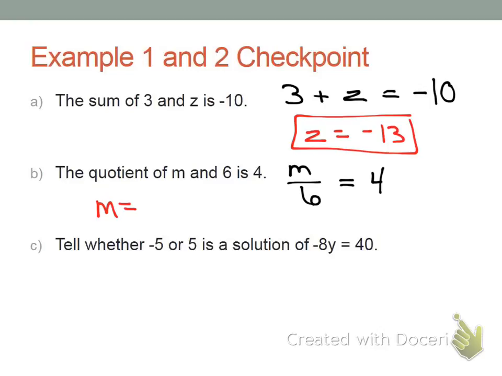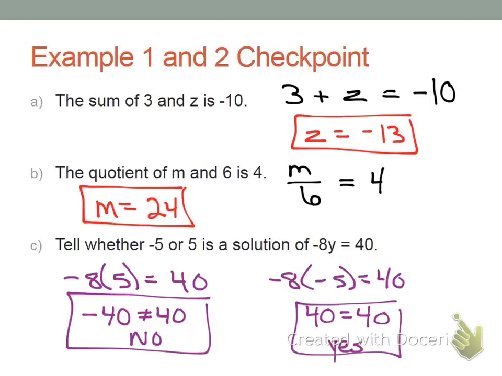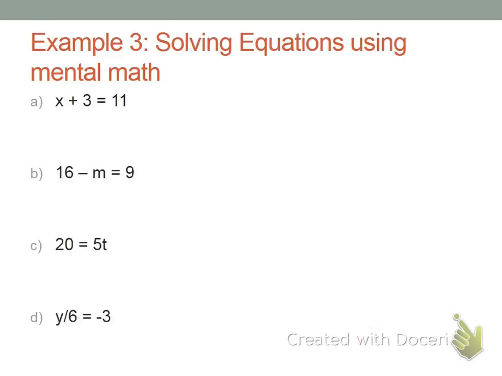So M equals what? 24. On C, I need to substitute both values. I need to substitute a 5 into the equation, and I need to substitute a -5 into the equation. And I can clearly see, yes, that -5 is the solution, 40 equals 40. All right, so -5 is the solution.